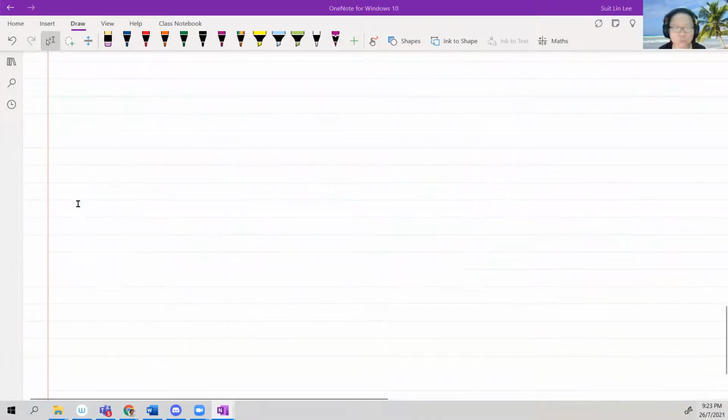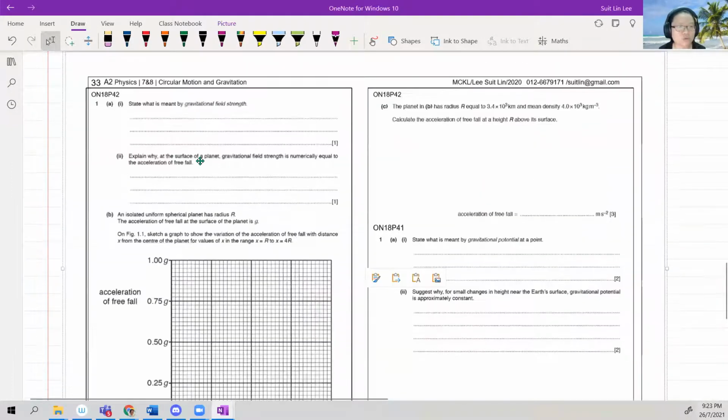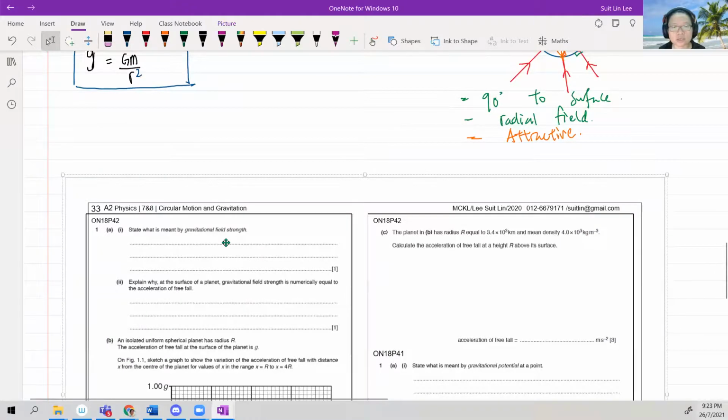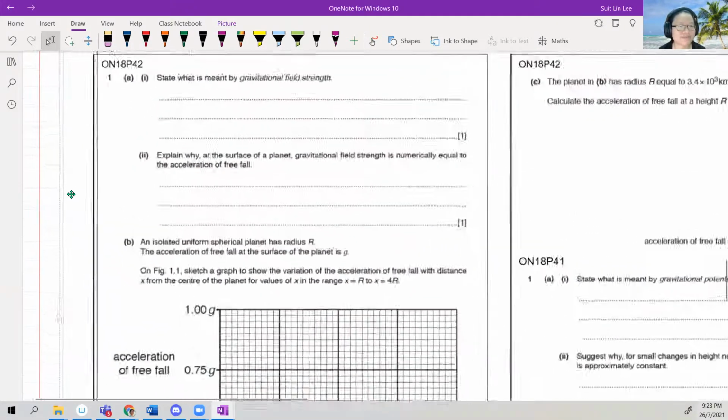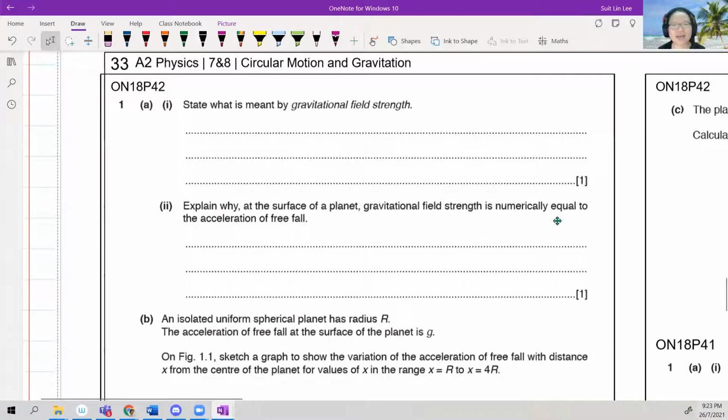This is from winter 18. So if you print out the handout, this is page 33. Winter 18, paper 4-2, question 1. Bonus question: state what is meant by gravitational field strength.